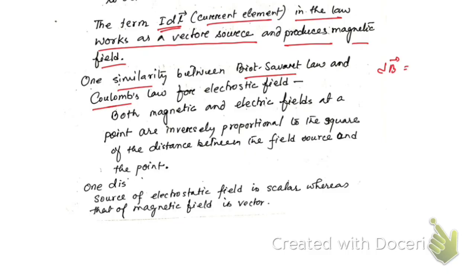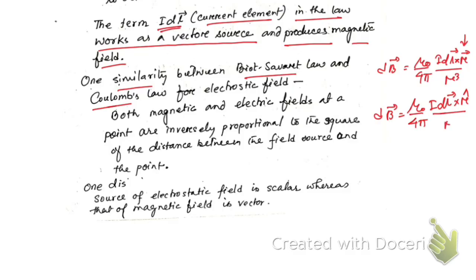If you write this, mu naught by 4 pi I dl, this is in vector form, I dl r vector by r cube. Now instead of r vector, if you write r cap unit vector, then you can write this law this way, I dl cross r cap by r square.